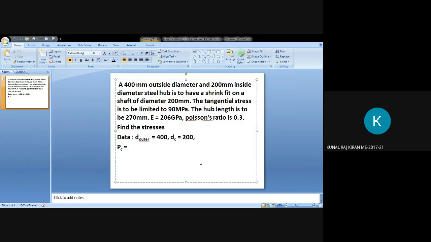So 54 Newton per mm square is the contact pressure.